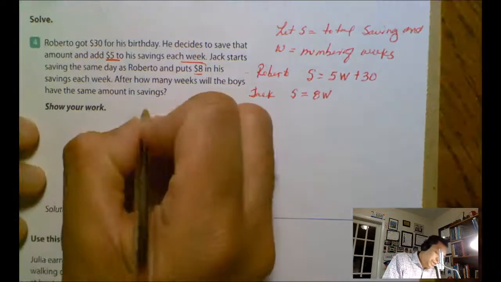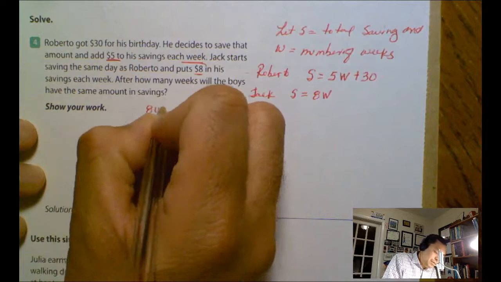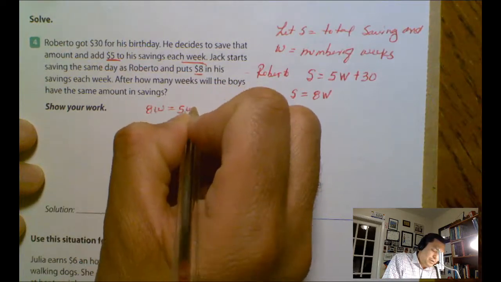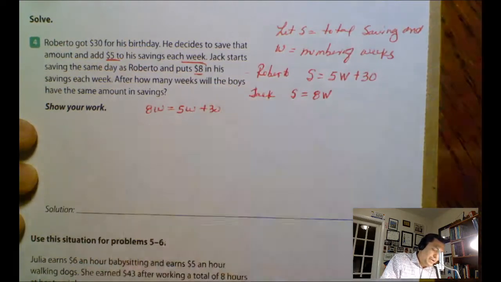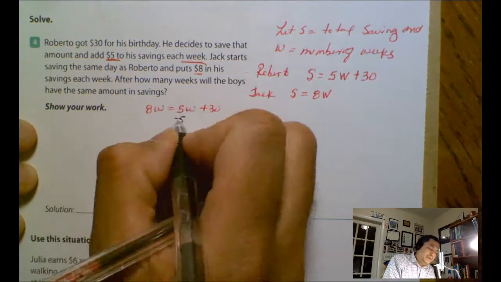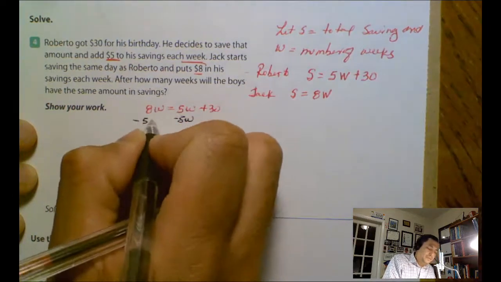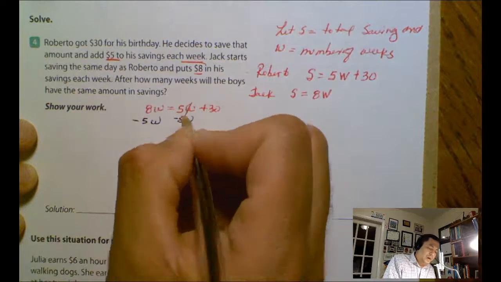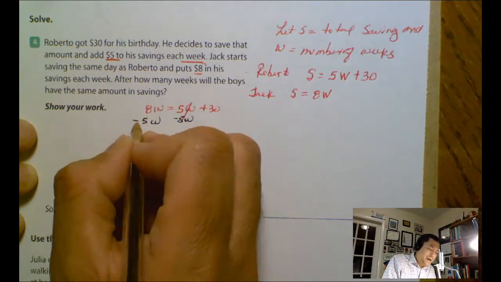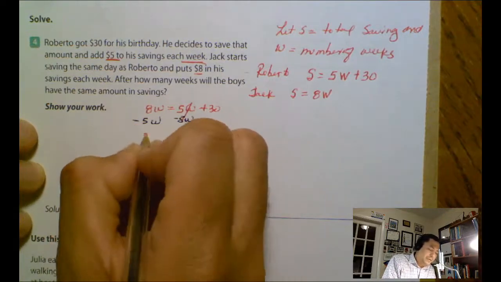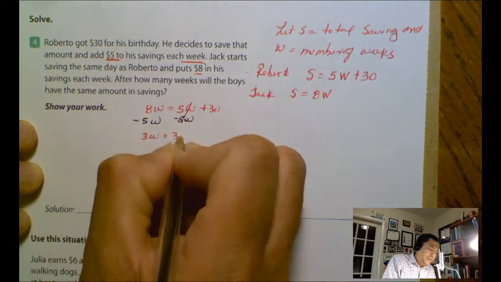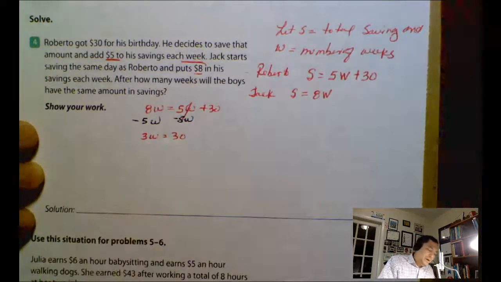So what I'm going to do is 8W equals 5W plus 30. Let me get rid of this 5W. So it goes away. So I have negative 5W, and 3W equals 30. And then we divide by 3.